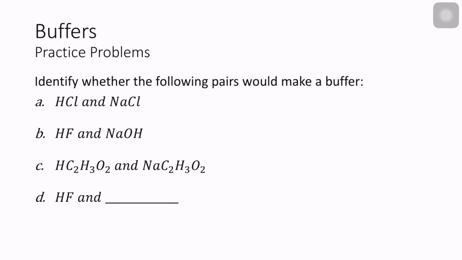Let's look at some examples. Identify whether the following pairs would make a buffer. So HCl and NaCl. We'll look at the first one together. HCl, the first thing I'm going to do is remember my strong acids.